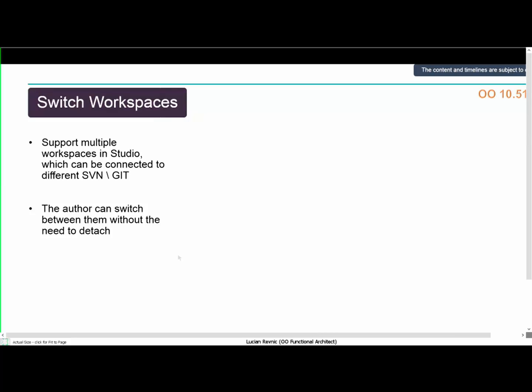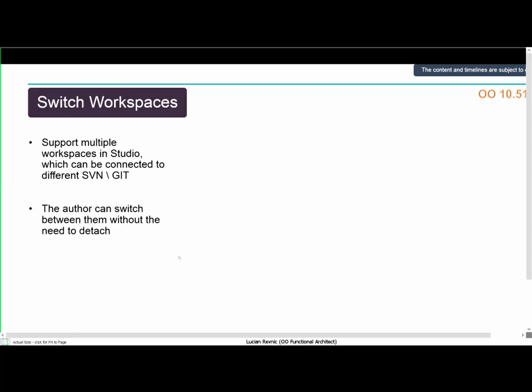Then another feature that we added in 1051 is called switch workspaces. What it means is that in 1051, the user has the ability to configure different workspaces in Studio, have different projects in these workspaces, and also be able to switch between them.